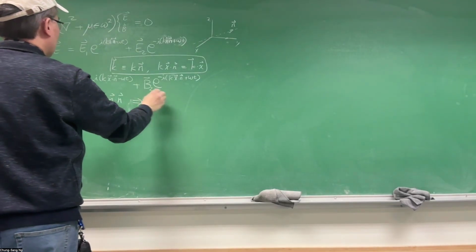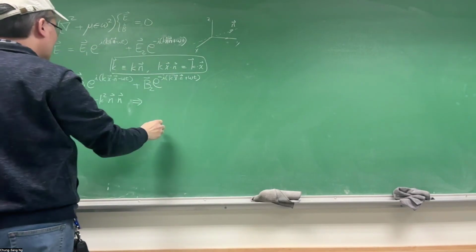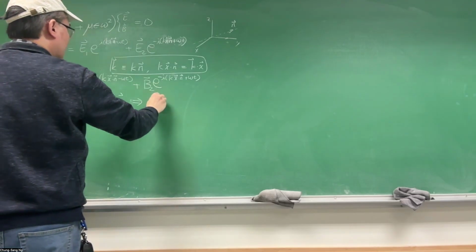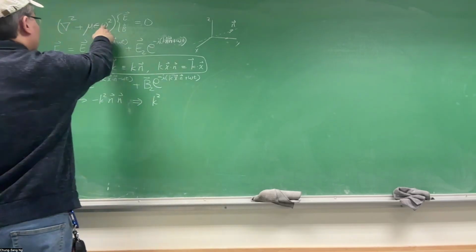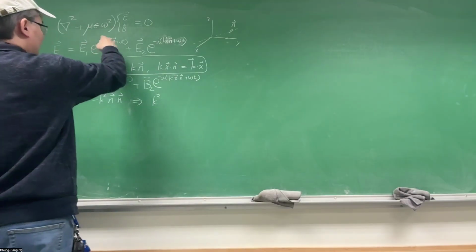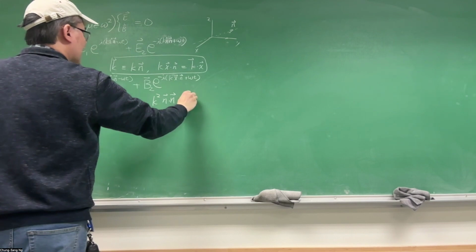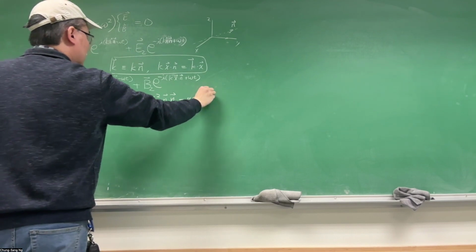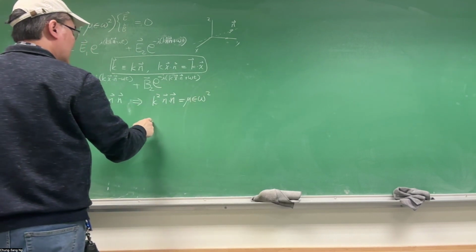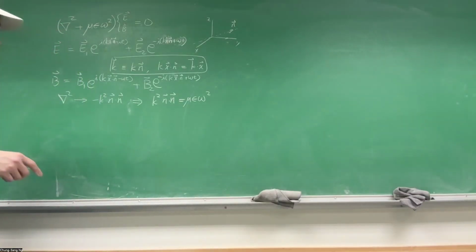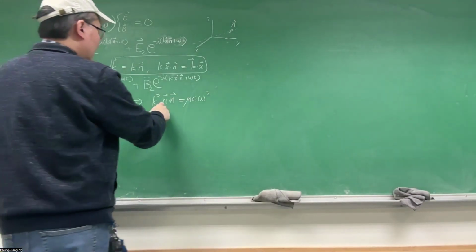Then combine with the other term, so you get pretty much the same as what we had. Basically these two terms have to combine to zero, so k squared n dot n equals omega squared, just like what we had before.